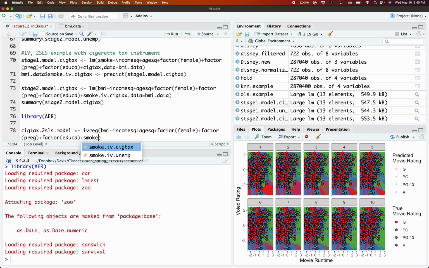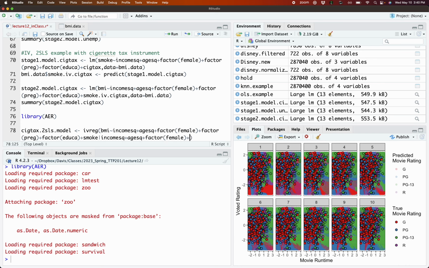Once you get to the variable of interest, that we want to look at the causality of, you have this notation here where we have a vertical line, and then you write out the rest of the variables that you're using in the first stage.